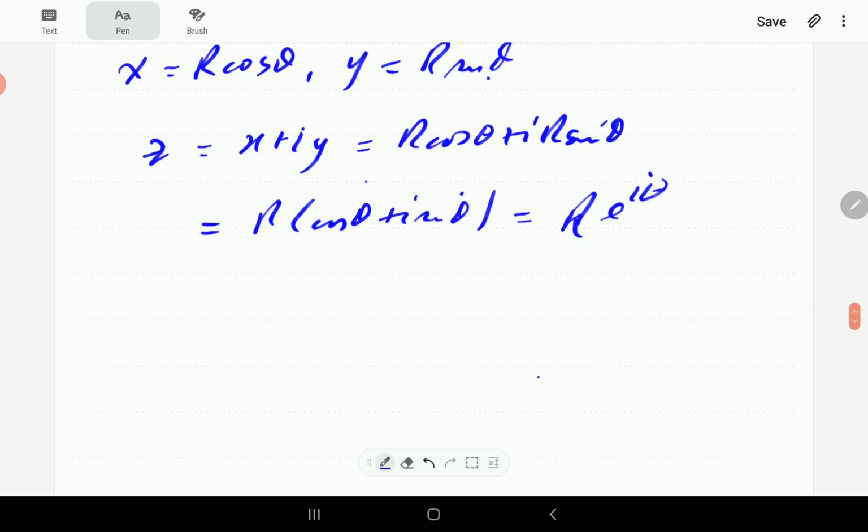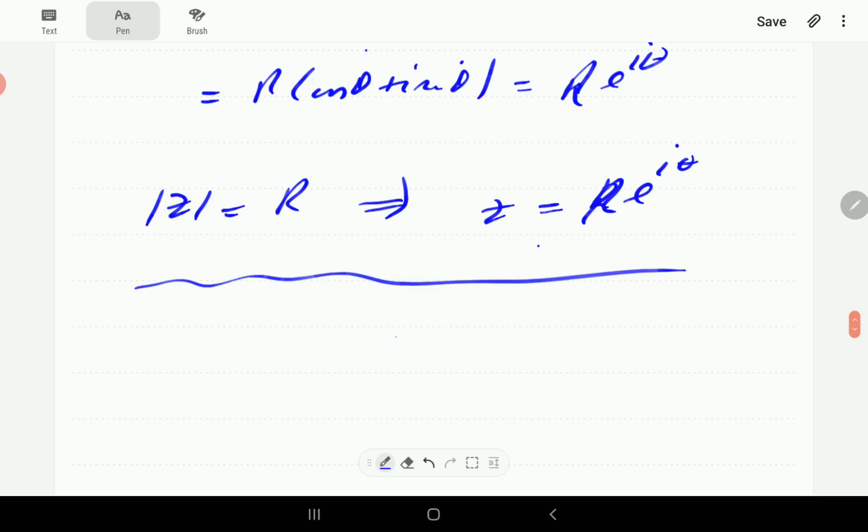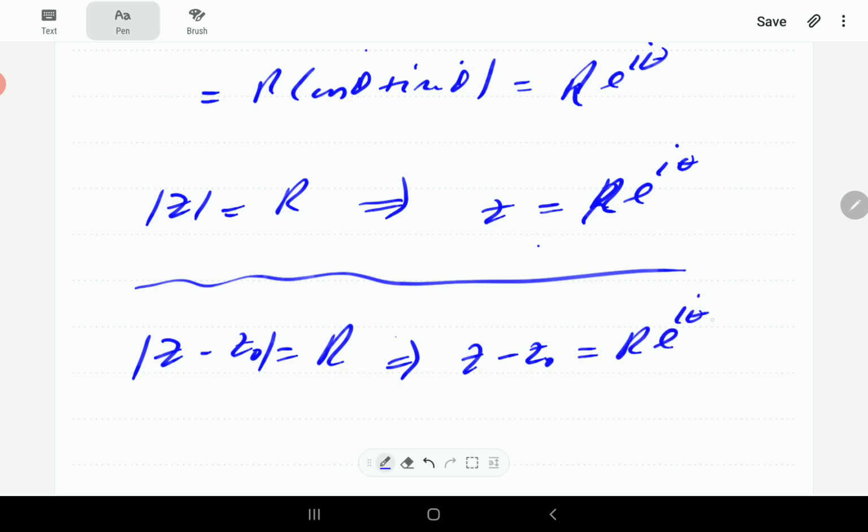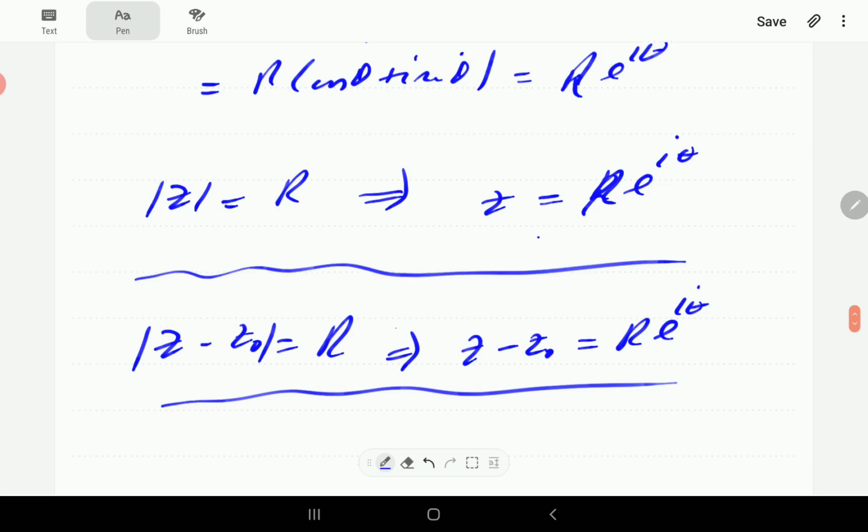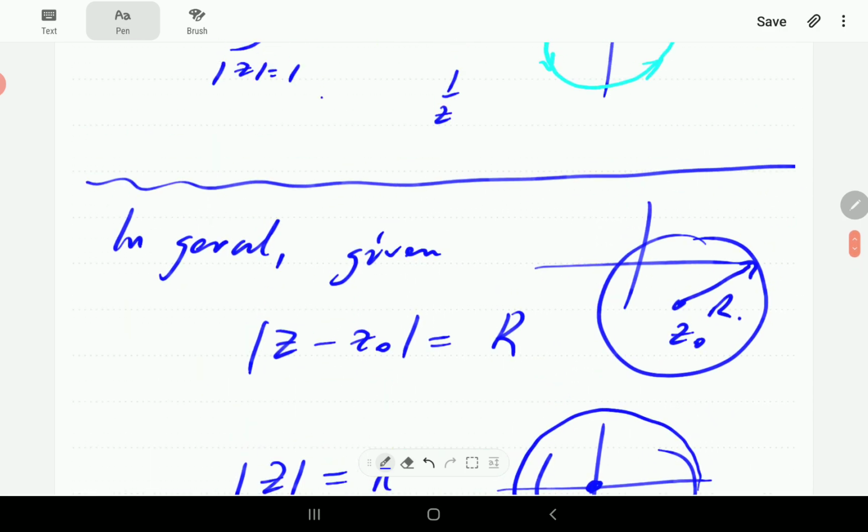So if we have mod z equals r, the parametric form of that circle is always going to be z equals r e to the i theta. And now we can generalize. If the circle is centered at z naught, then there's going to be z minus z naught equals r e to the i theta.